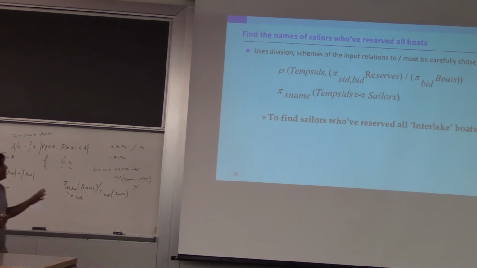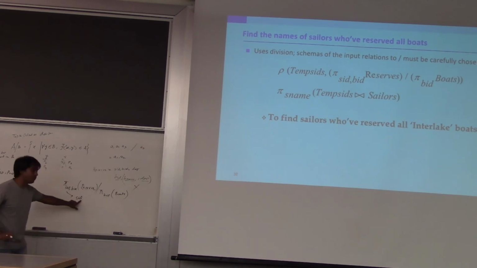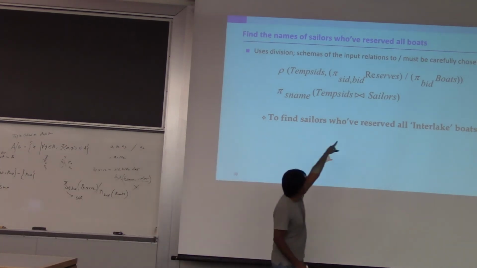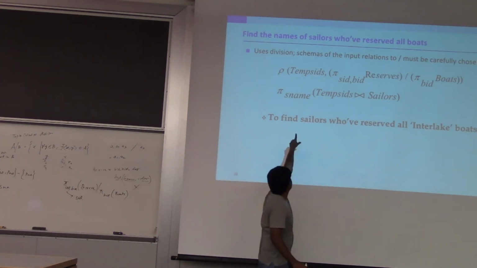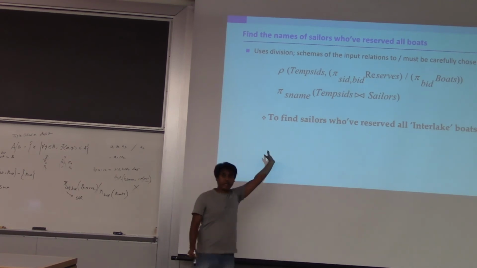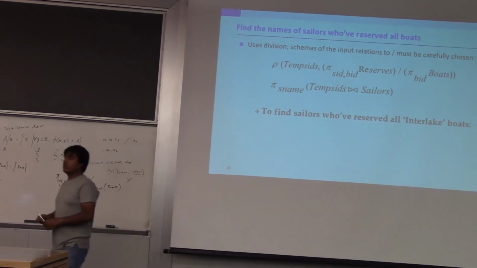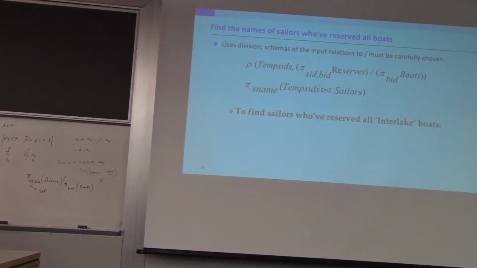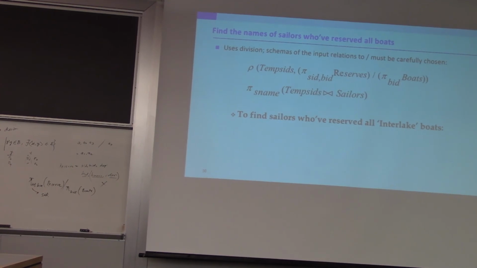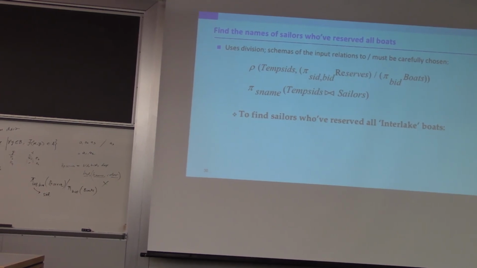For getting the names, you can just join with this SID. That is temp SID joined with sailors, you can just get the name. That's only for getting the name, but you already get the SID at least. Now to find sailors who have reserved all interlake boats, just do a selection beforehand.